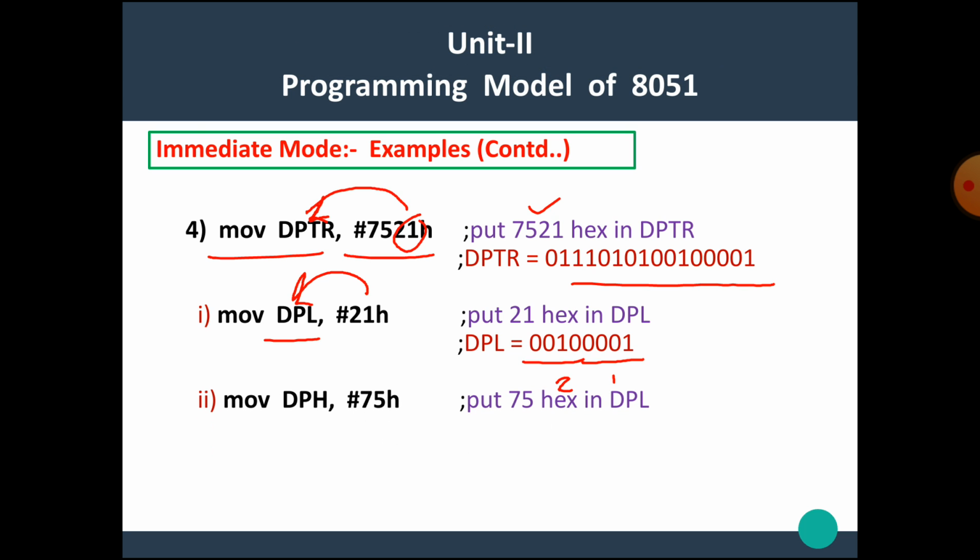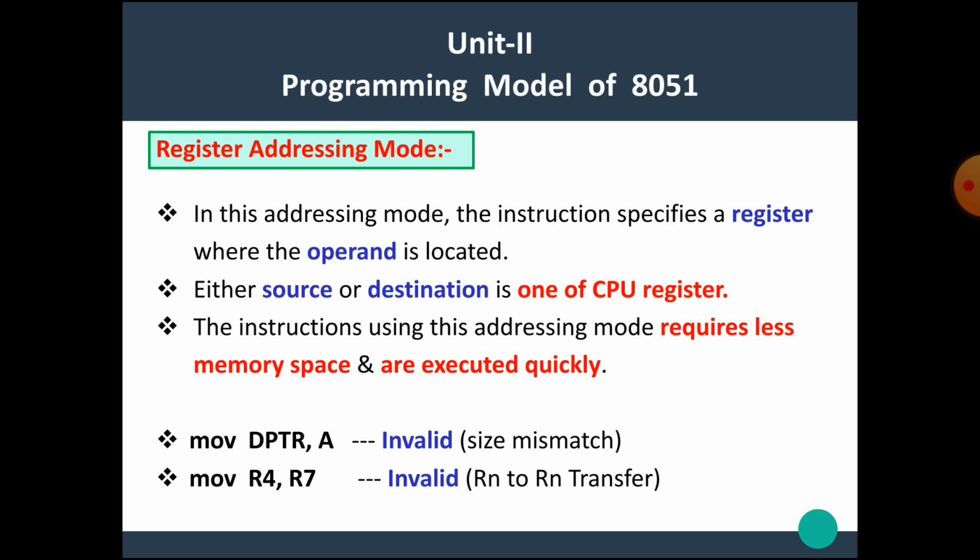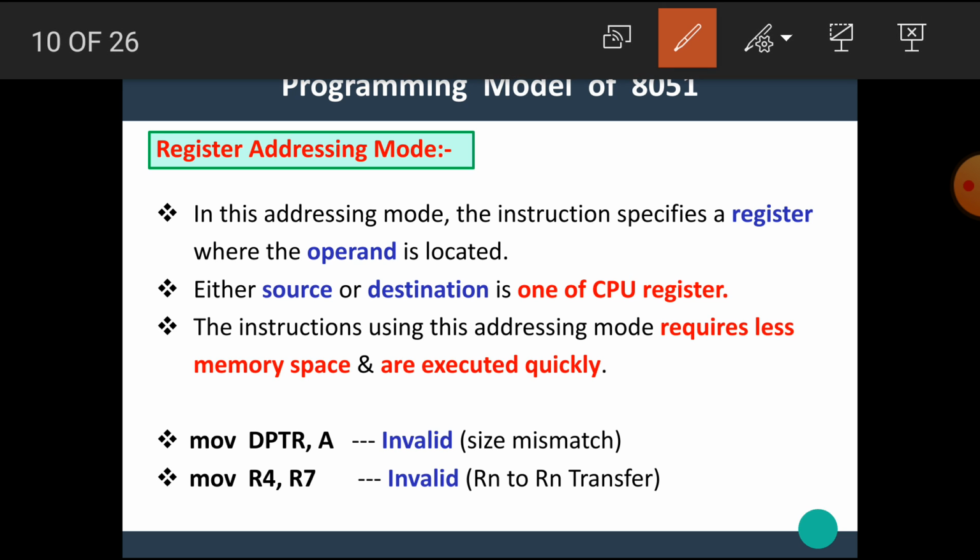Similarly, we can load data immediately into the DPH register. DPH means DPTR high byte. Now let's see the next addressing mode, register addressing mode. In this addressing mode, the instruction specifies a register where the operand is located.